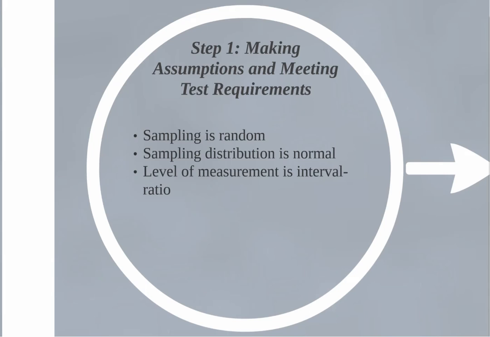The sampling distribution is normal. And we have to make sure that the level of measurement is interval or ratio, so that outcome variable needs to be a continuous variable. Thinking about weight, for example, weight is an interval ratio type of variable.